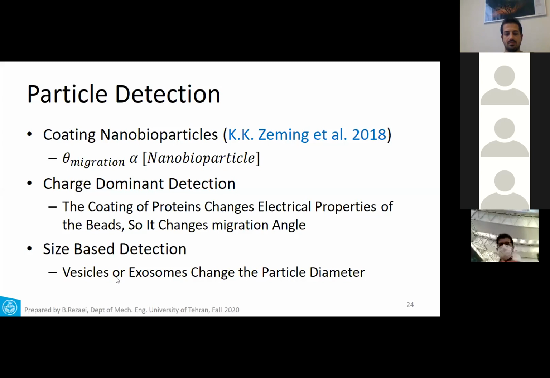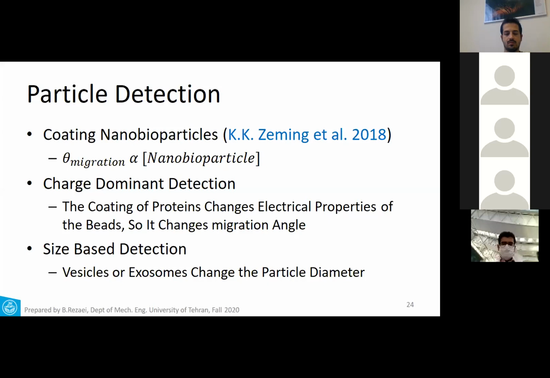So this way, there is some kind of calibration. They can understand how much is the concentration of the proteins in the solution. You see, if there is a lot of concentration, the migration angle will be bigger, and if there is less, the migration angle will be less. So they can predict the concentration of those particles, and this way they can detect it.